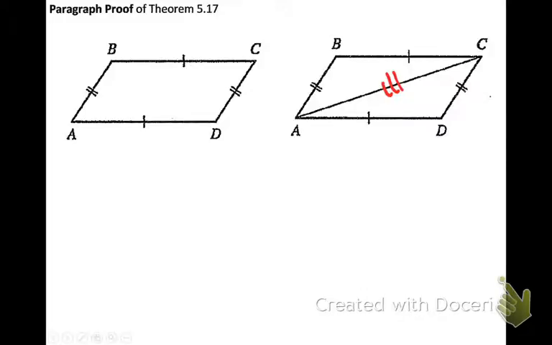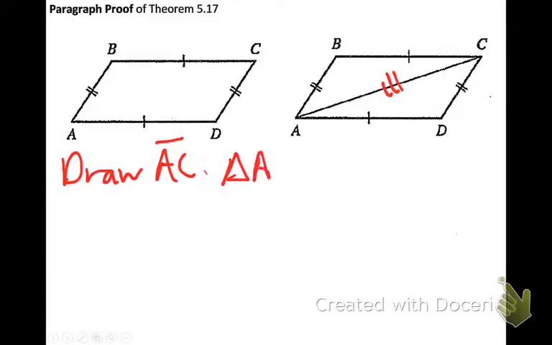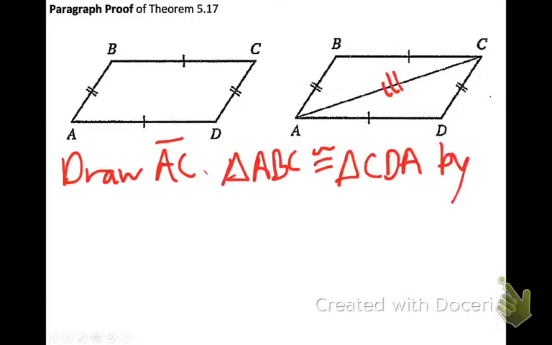So if I were to do a paragraph proof of this, I would say, draw AC. So if we draw AC, then triangle ABC is congruent to triangle CDA by side, side, side.